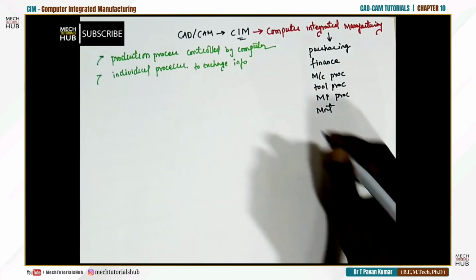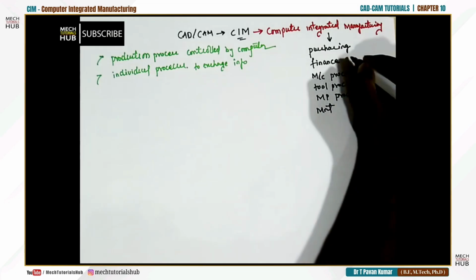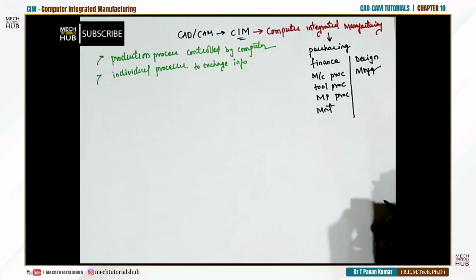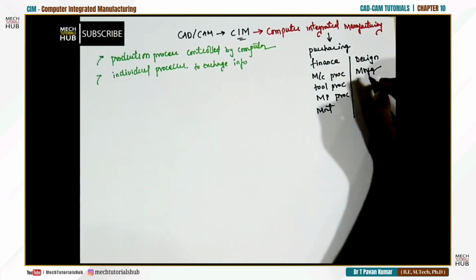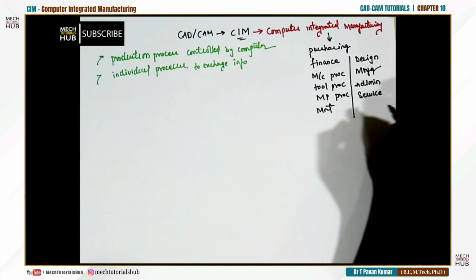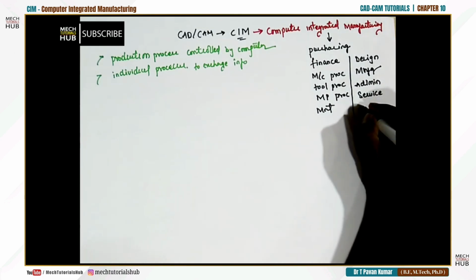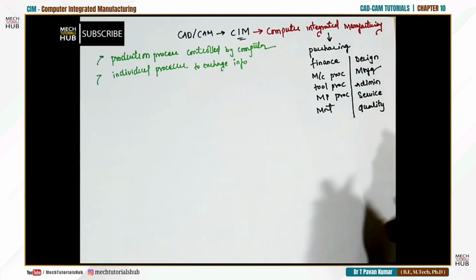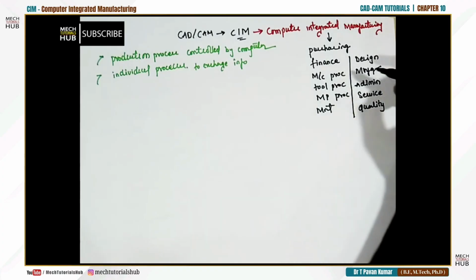It will also cover the design department, manufacturing or production department, administration, service or maintenance department, quality department, etc. The intention is that each and every department will have information related to the other departments also.